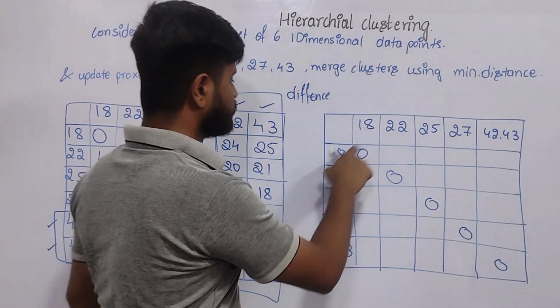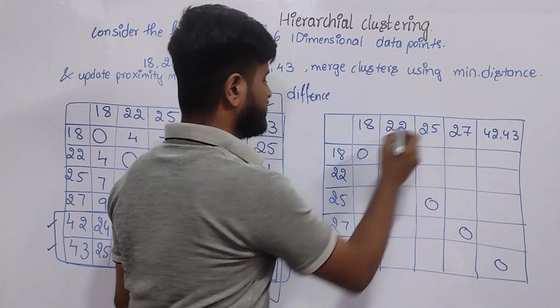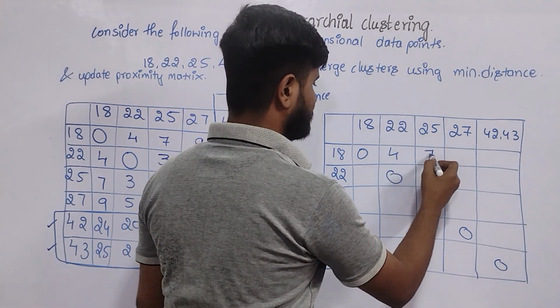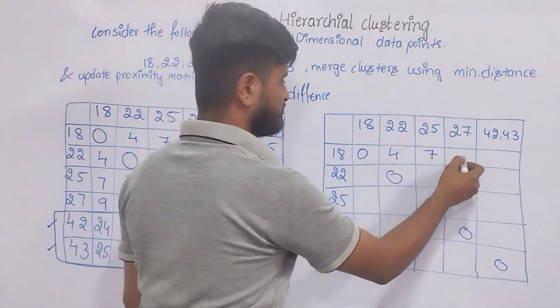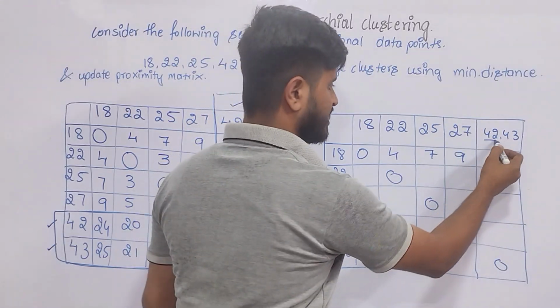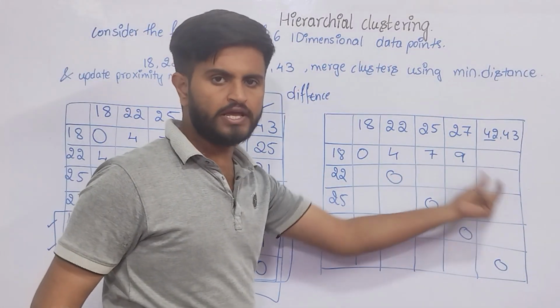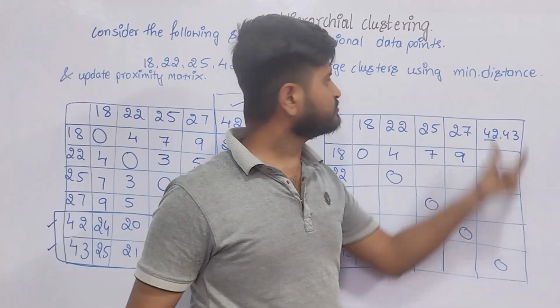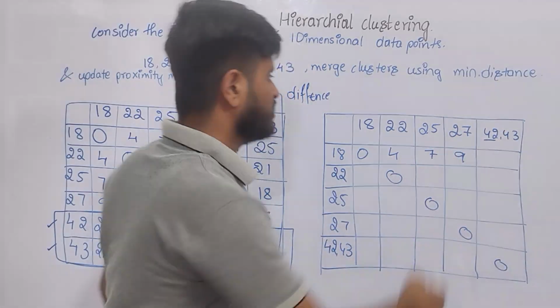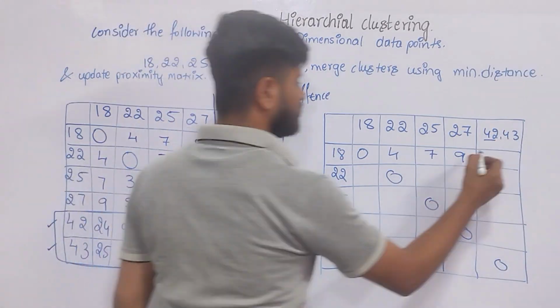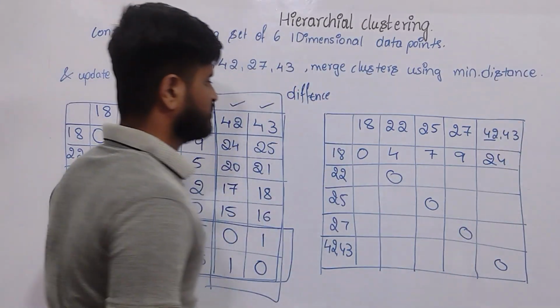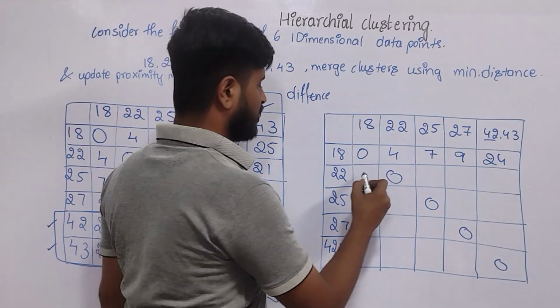Next, 22 minus 18, 4. 25 minus 18, 7. 27 minus 18, 9. Among 42 and 43 you must take 42, because we must find the minimum distance. So 42 minus 18, 24. Just copy them in the column also.